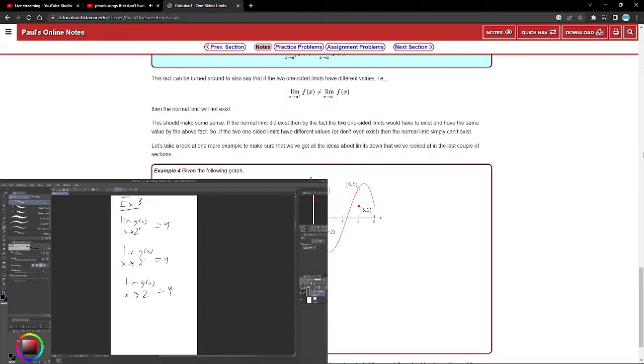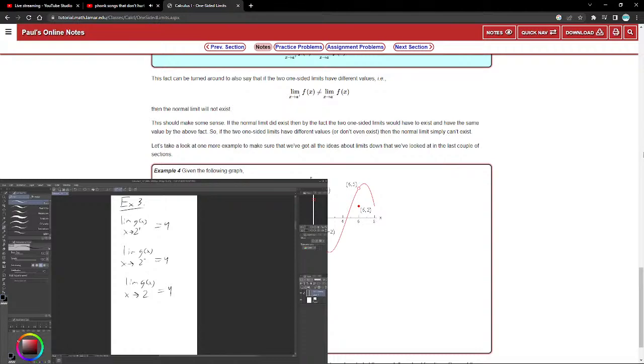This should make some sense. If the normal limit did exist, by the above fact the two one-sided limits would have to exist and have the same value. So if the two one-sided limits have different values or don't even exist, then the normal limit simply can't exist.